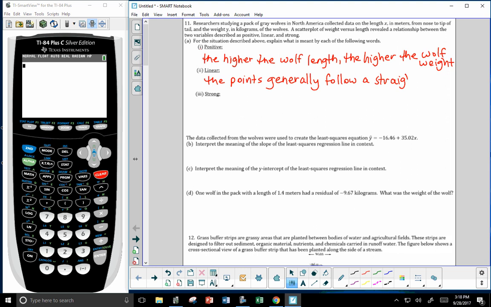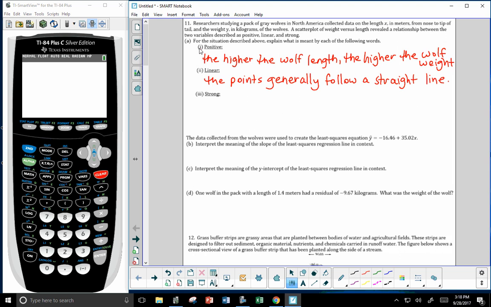Another thing that I did accept as a correct answer was to talk about that you had a constant rate of change. Because you guys know that something is linear, but we have a constant rate of change. Some people also described it, to say it's not curved. That was okay, but we're really looking for that keyword straight. So for linear, you want to use the keyword straight.